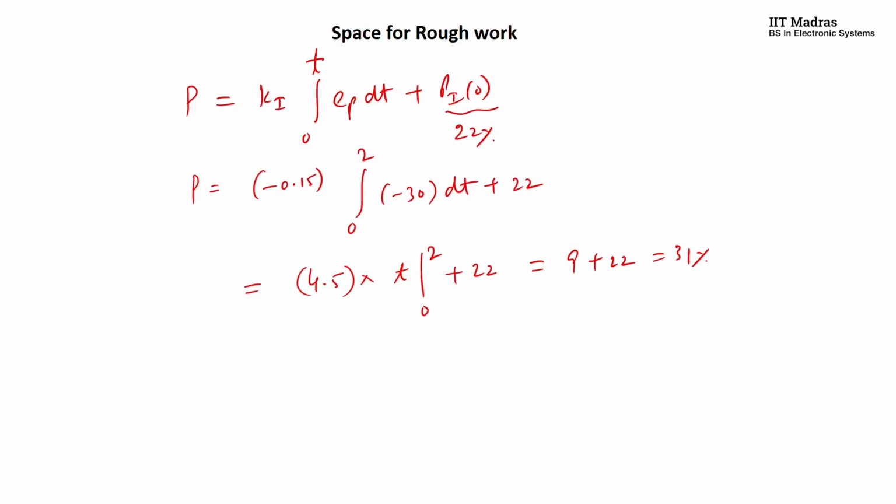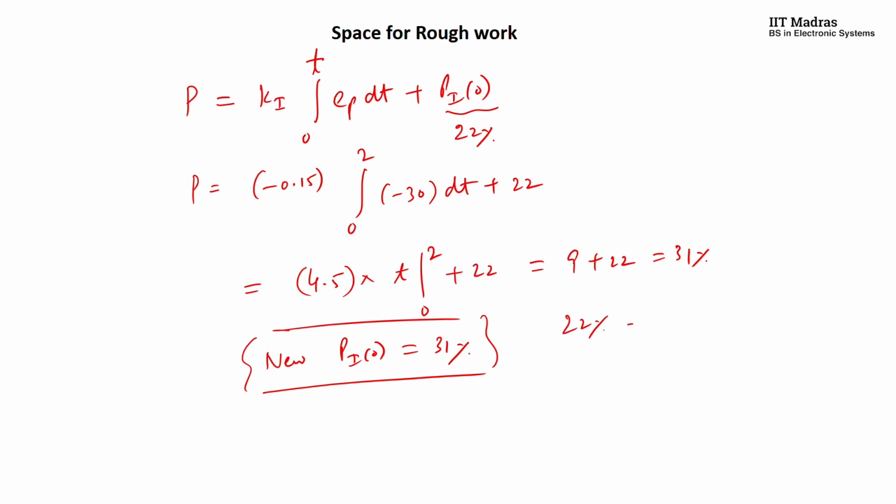So now the new Pi value, new Pi of 0, is equal to 31%. In case somebody gives you a new error signal from here, after 2 seconds of the step change in the error from 0 to minus 1.5%, you see that the integral control action has gone from 22% to 31%.